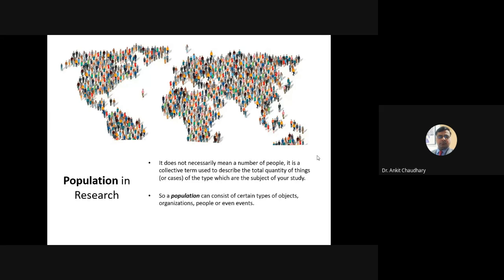So it is a very important decision which method we choose, and in that method we have to see that all types of population, and when I say all types, it means there would be some sections inside the population which need to be represented.